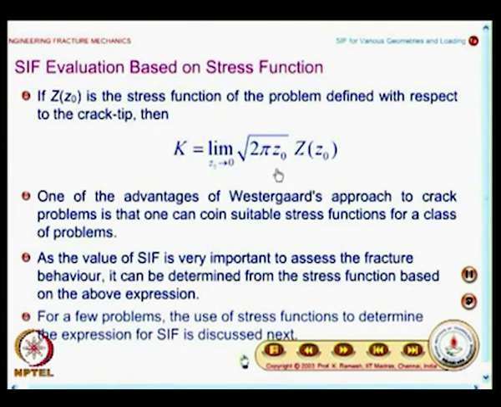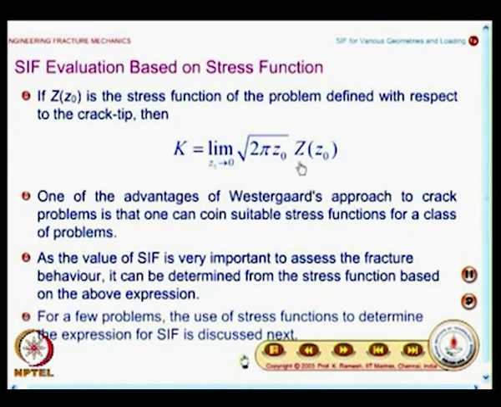And as I mentioned, if you are able to get the stress function Z, you could get the definition of K, and the advantage of Westergaard's approach is you could get Z for a variety of problems.